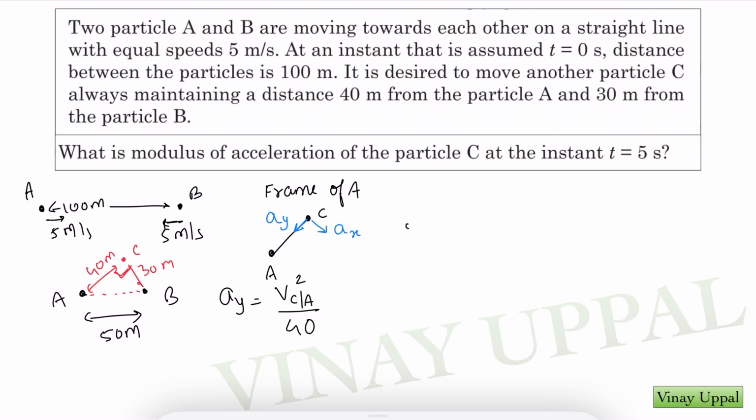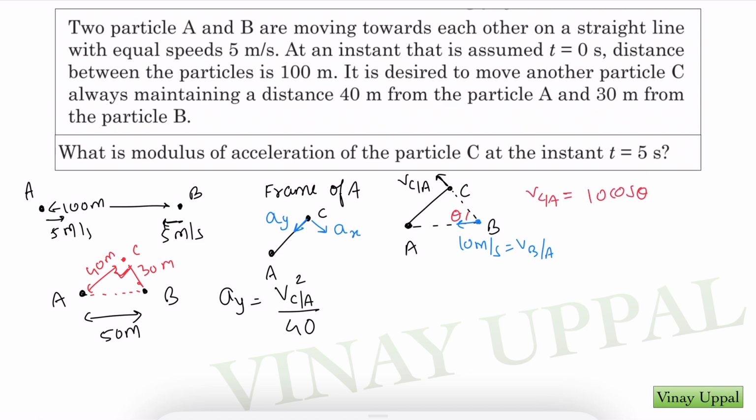Now that is also pretty straightforward, because in the frame of A, let's say C has a velocity this way, velocity of C with respect to A. Now B has a velocity of 10 meters per second with respect to A. And because the line BC has a constant length of 30 meters, therefore, let's say this angle is theta, can I write VCA should be equal to 10 cos theta?